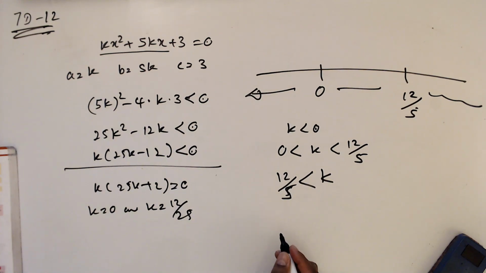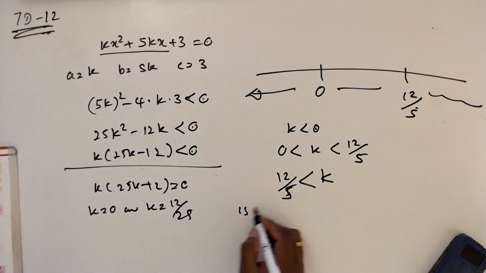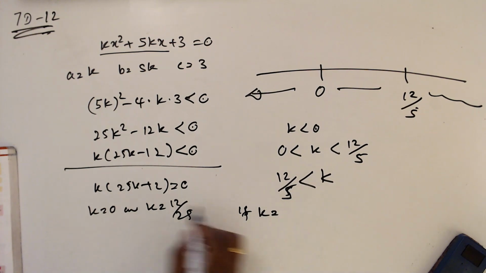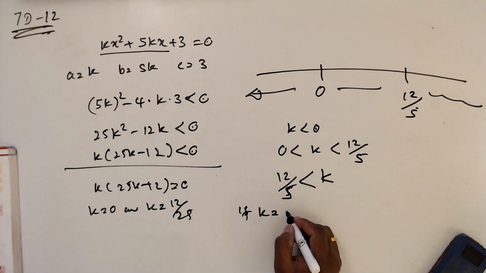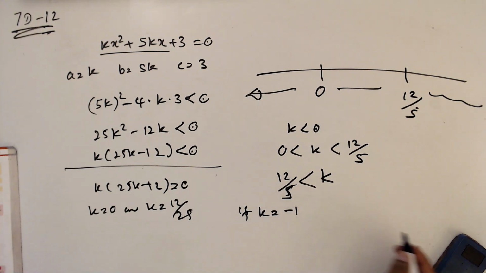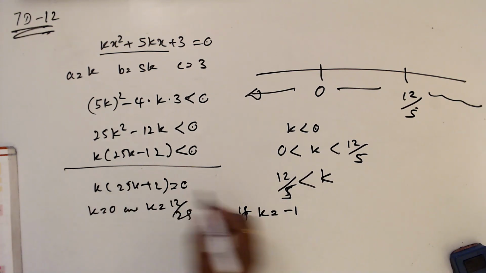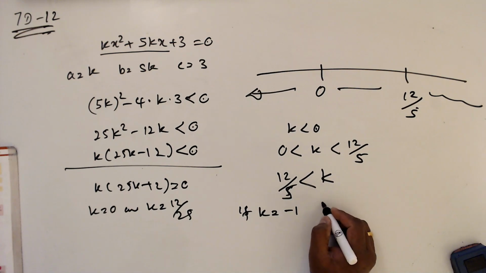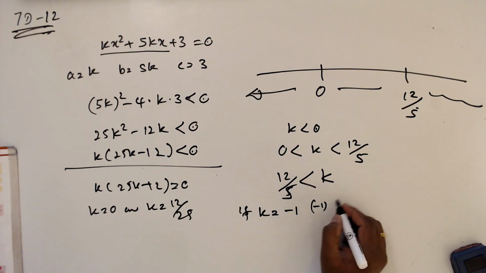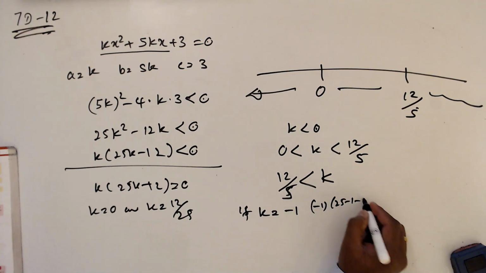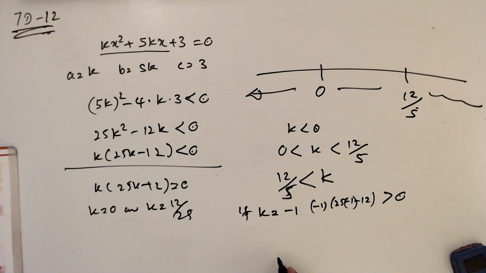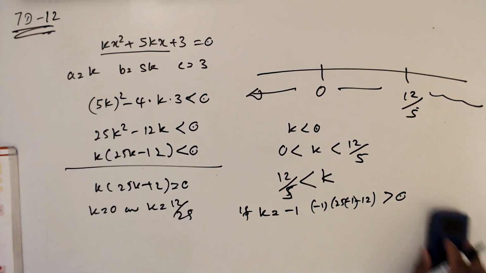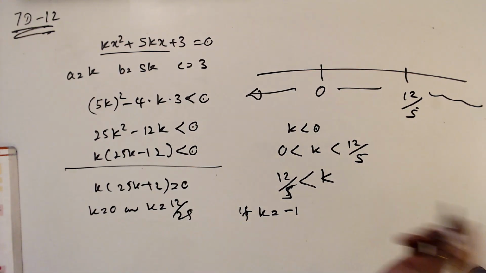That is one way. So if k equals, tell me any value less than 0, minus 1, this expression, right? Minus 1 times (25 times minus 1 minus 12) is going to be greater than 0 when you simplify. Okay, we'll simplify and see.